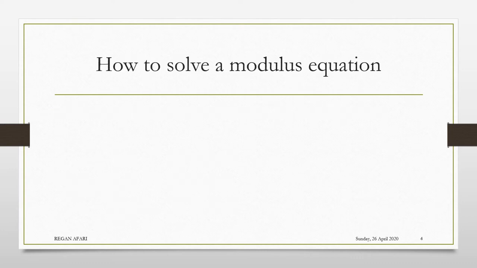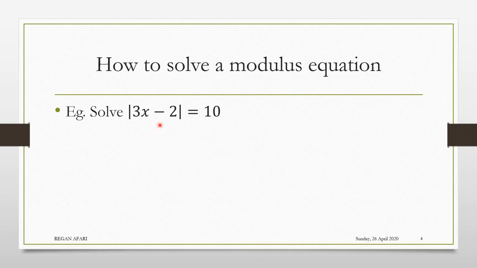So how do we actually solve a modulus equation? Let's start with an example. We have the absolute value of 3x minus 2 is equal to 10. We said that what is inside could be positive, 0, or negative.